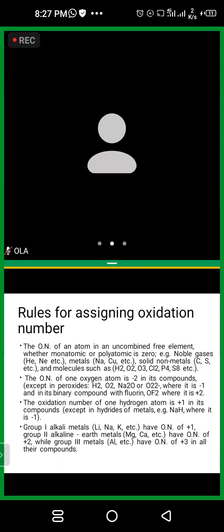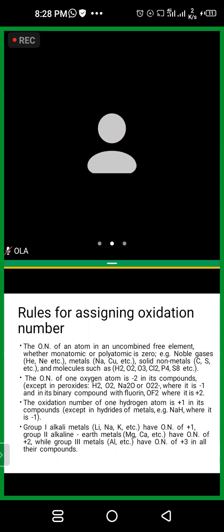So when it is in its combined state with other elements, say for example H2O, oxygen is O2- and needs 2 electrons from hydrogen for the compound to be balanced. So in that kind of case, oxygen is 2-.